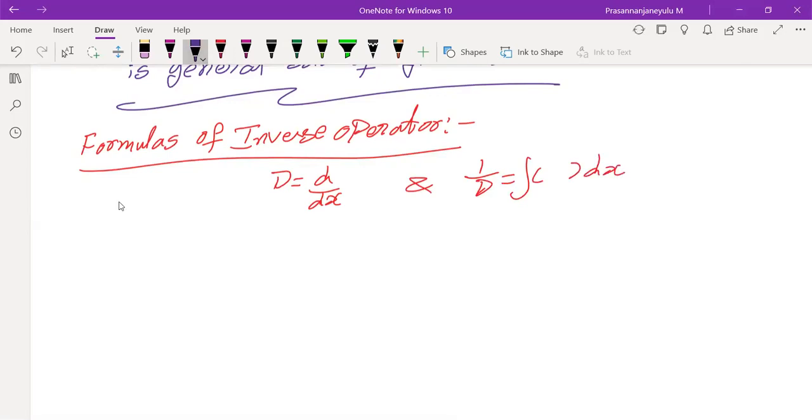But now here, they are giving the formula like this.